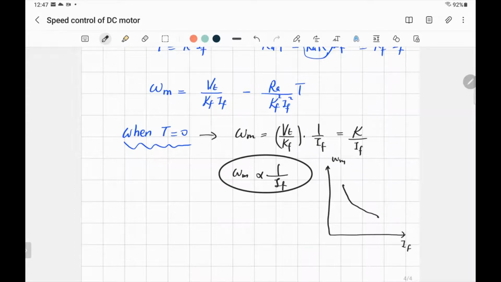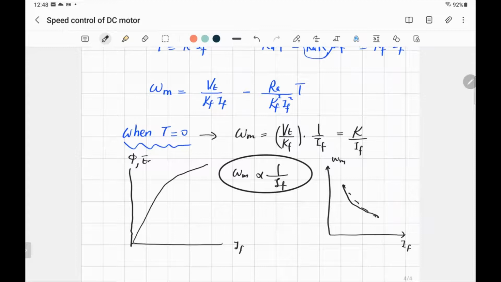If you remember when I sketched the magnetizing curve for you, the relationship between IF and phi or EA looks like that. So it's not a straight line. It can be a straight line in a specific region. If you like, you can take a small piece of the curve, approximate it by a straight line, and make the relationship a straight line.